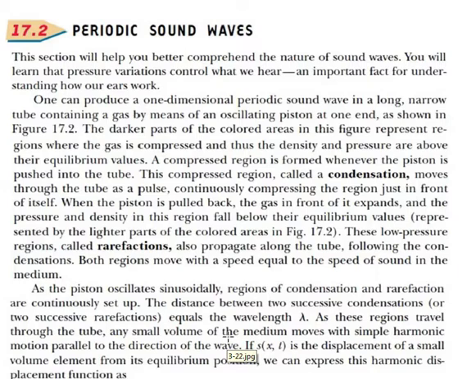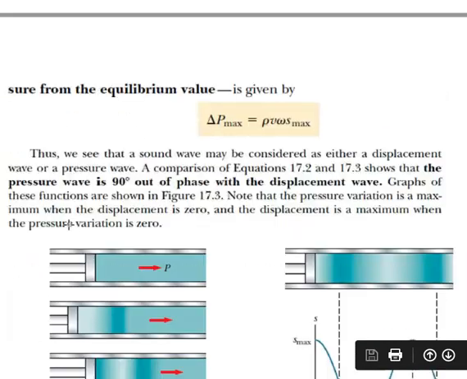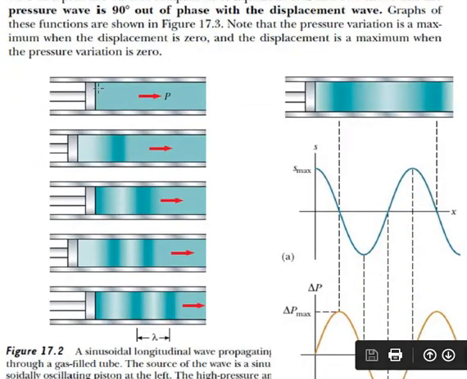So we again consider the same tube filled with gas and having a piston at the left end. If that piston is oscillated sinusoidally, it will create regions of higher pressure, that is the compressions, and regions of low pressure, that is the rarefactions, and those compressions and rarefactions will move to the right through the tube.